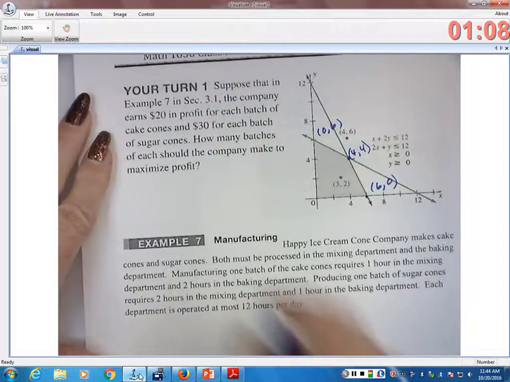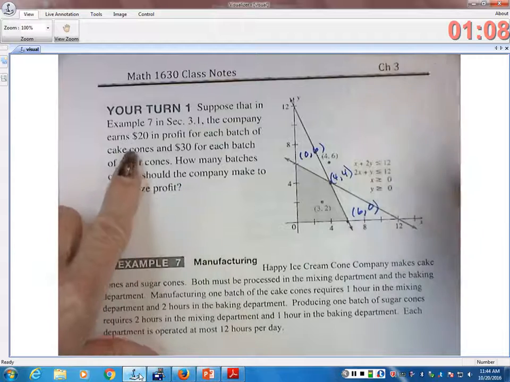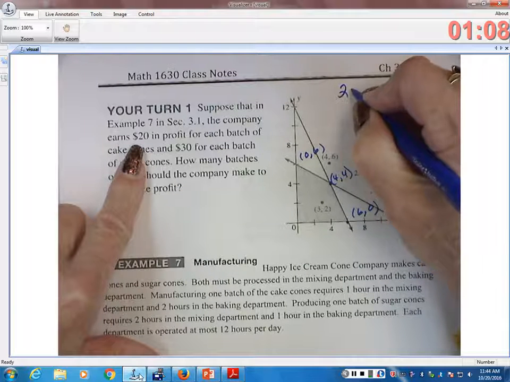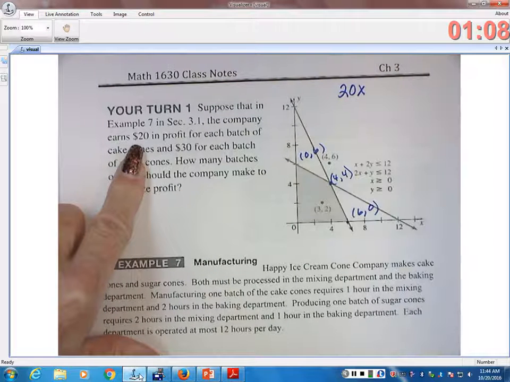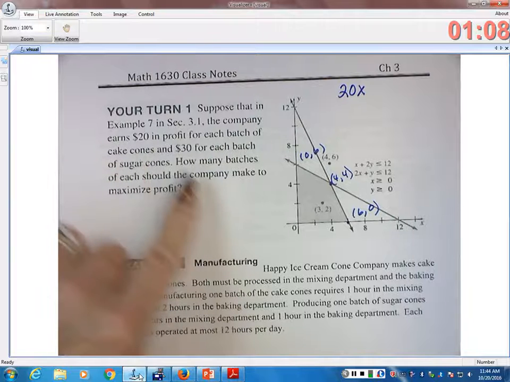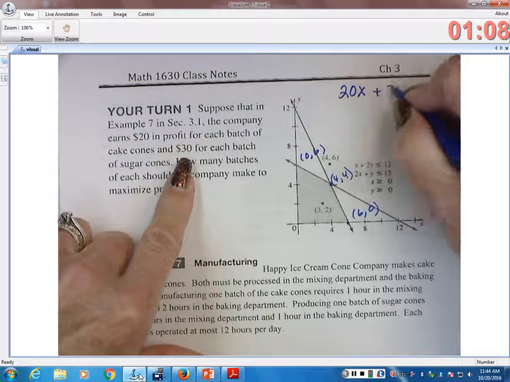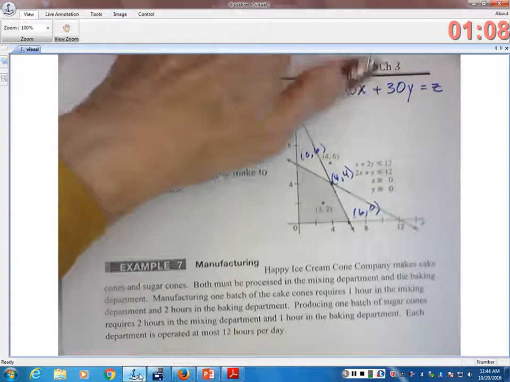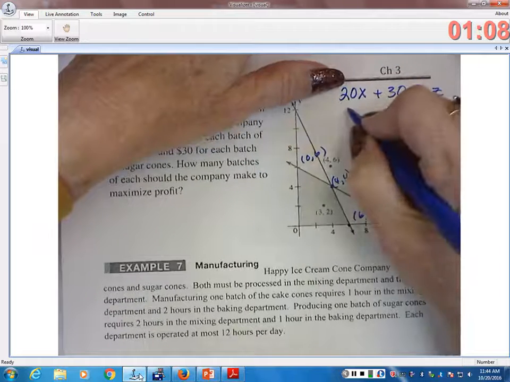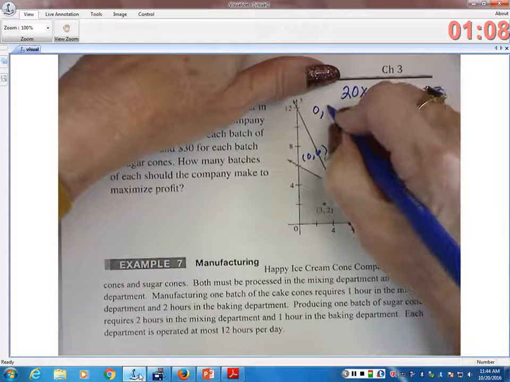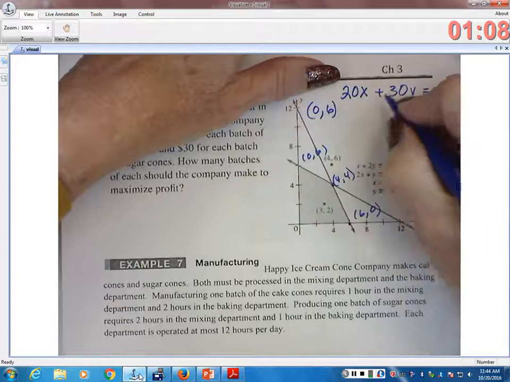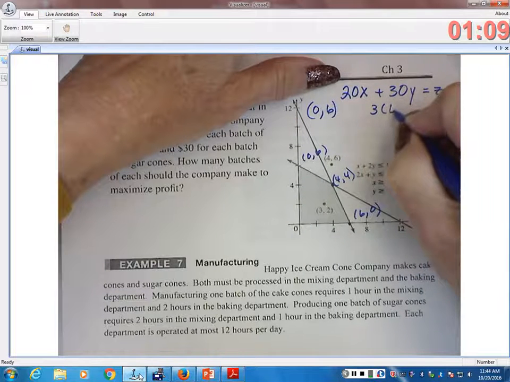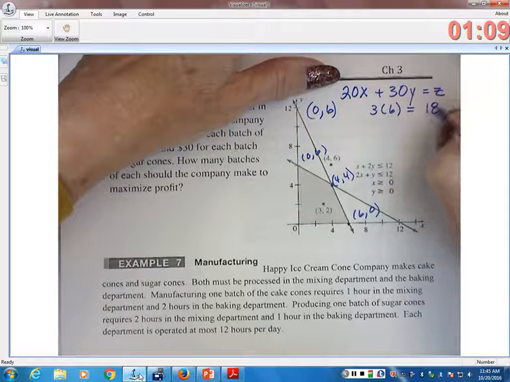So given those 3 corner points, and they make 20 on a batch of cake cones, I think it was, and 30 on a batch of sugar cones, and they want to maximize Z. If they make no cake and 6 sugar, that's 180, not 18.